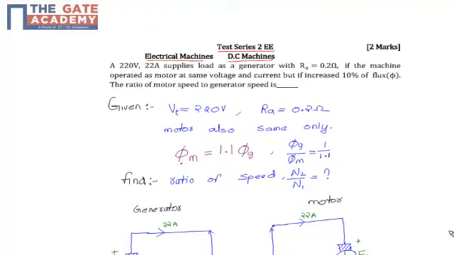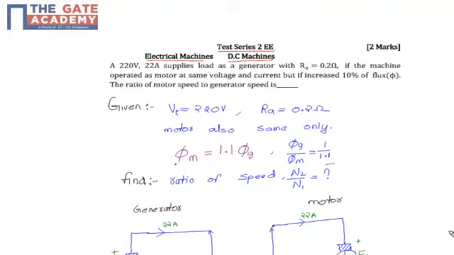That is, the motor flux phi m is equal to 1.1 times phi g, the flux of the generator. After this we have to find the ratio of motor speed to the generator speed.